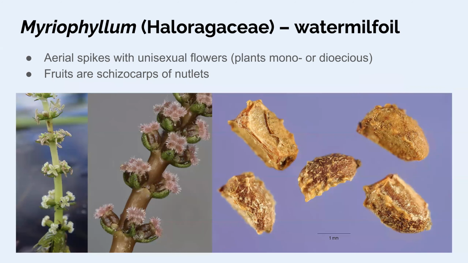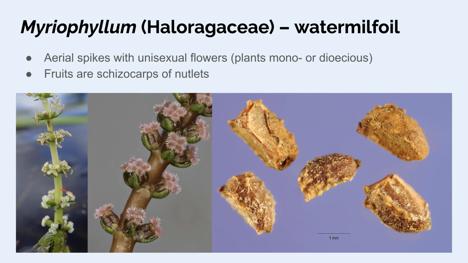So leaves, very useful for identifying these. Sometimes with these water plants, it's hard to get them at a time when you're actually going to see their reproductive structures. So water plants a lot of times are able to be identified just using their vegetative characteristics. And then if you get their reproductive characteristics, all the better. So we've got spikes again, and we've got unisexual flowers.